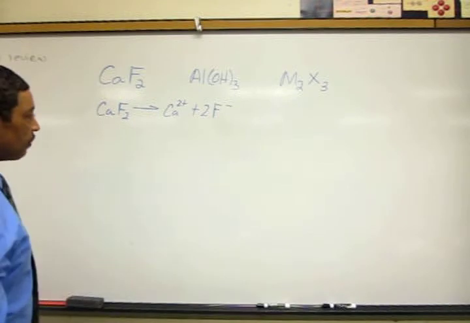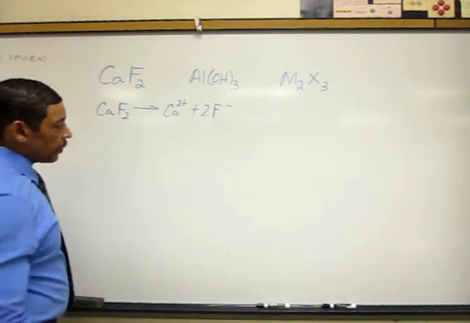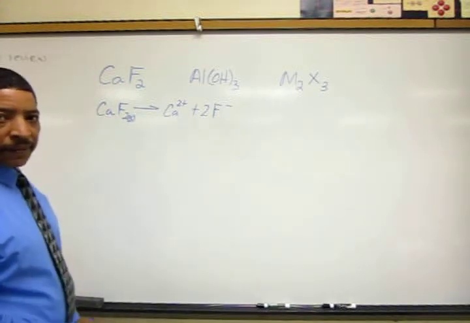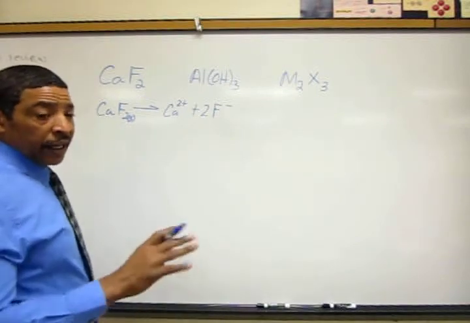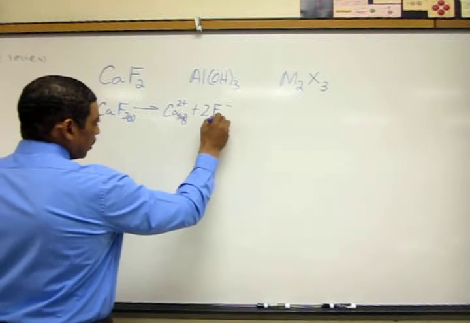In terms of states of matter, the calcium fluoride, which is sparingly soluble, is written in the solid state. And the ions are clearly suspended in an aqueous solution, so we write aq.